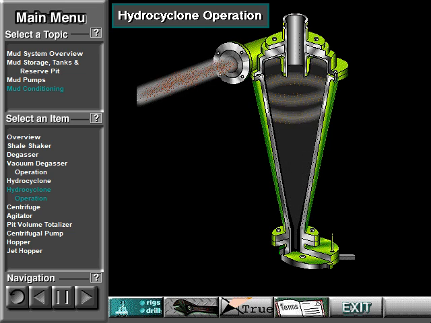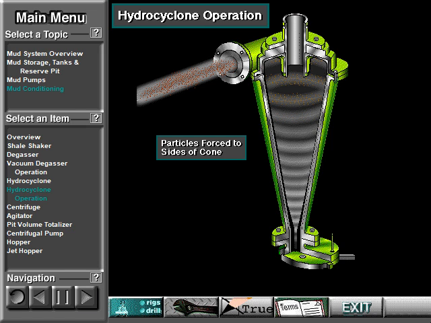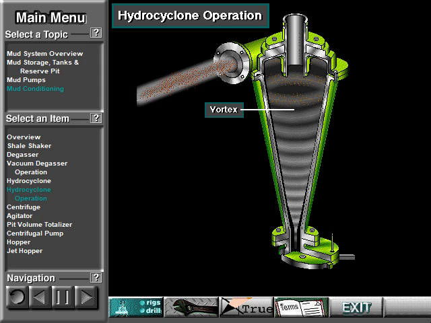Inside the cone, mud enters from the side and spirals down. This movement flings the solids to the side. The spiraling action creates a vortex in the center, somewhat like a tornado.